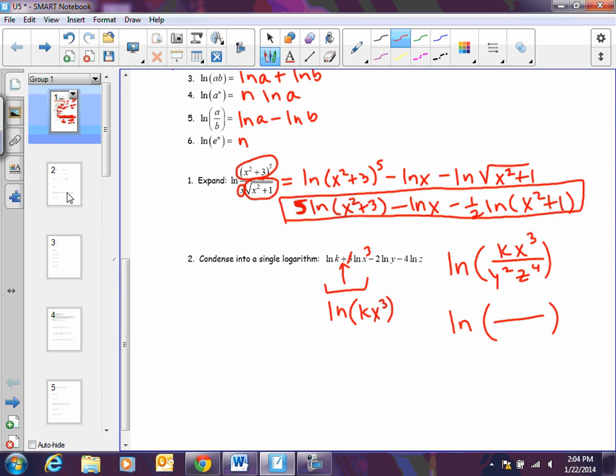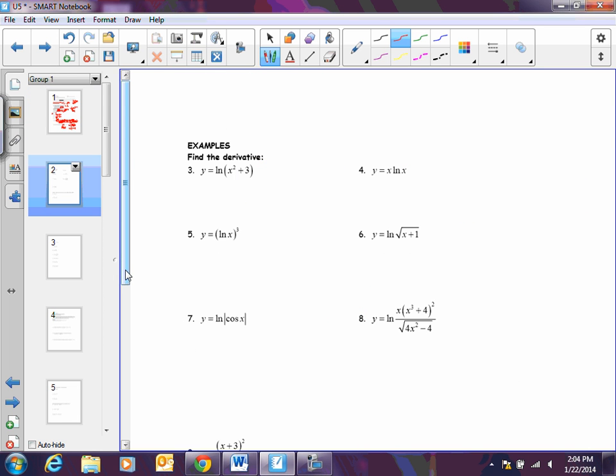All right, so turning it over, now we're ready to do these derivatives. I would like you to write this at the top. If y equals the natural log of u, then y prime is going to be u prime over u.